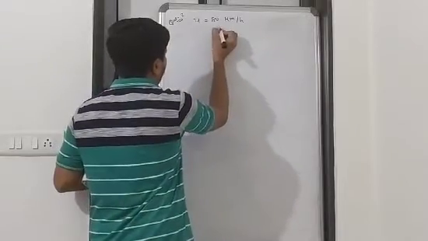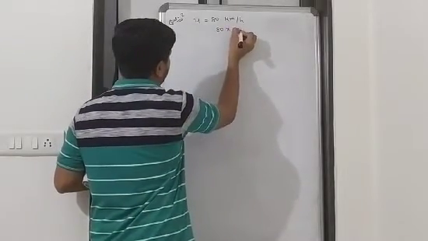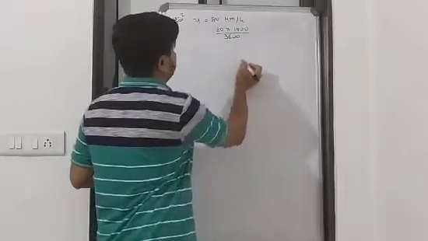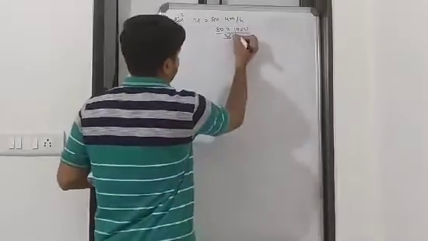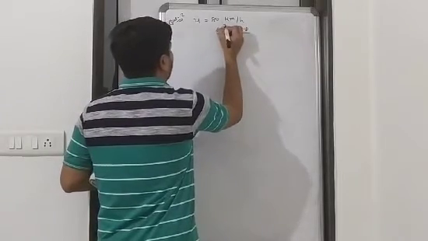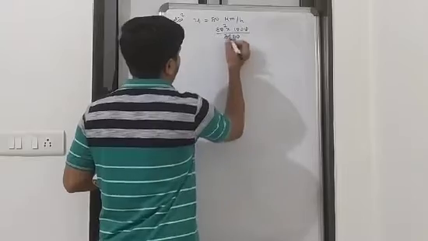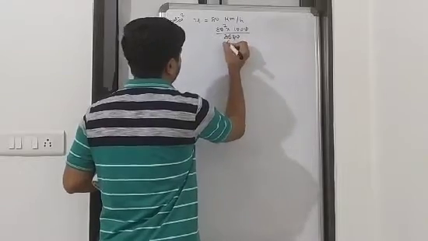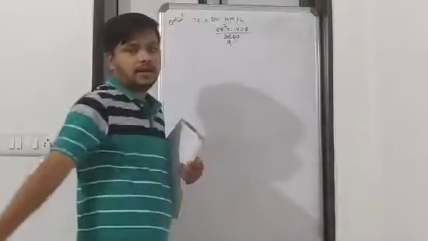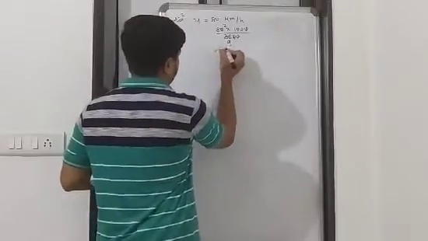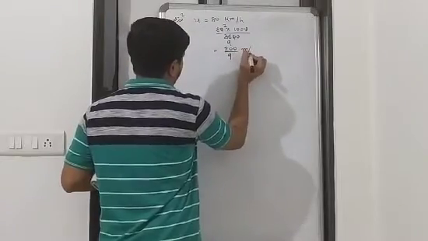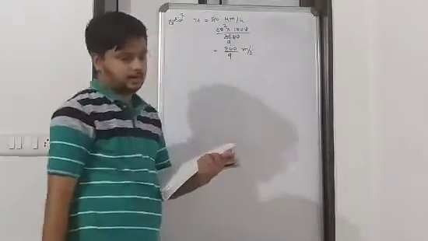So 80 into 1000 divided by 3600. The zeros cancel out. 4 twos are 8 and 9 fours are 36. So it's 200 by 9 meters per second.